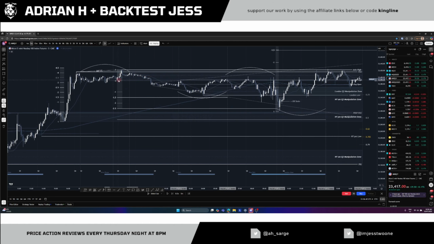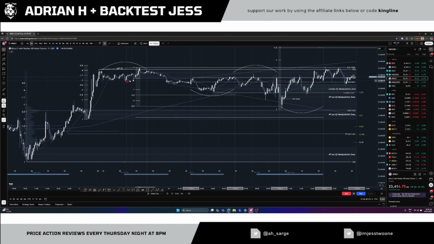As soon as we'd had this swing and took out PDH, that's when Jess and I started posting charts in the chat and mentioning that we're looking for price to come back. When we're super bullish, we're looking for price to come back into that quarter of the daily range. So we've got our daily ranges here, OTEs down here, and EQ is here. And when super bullish, we come back to that 0.25.